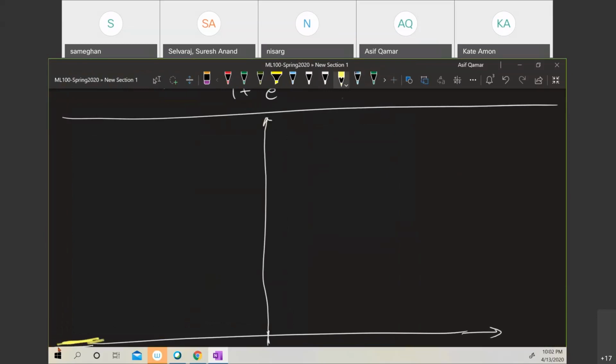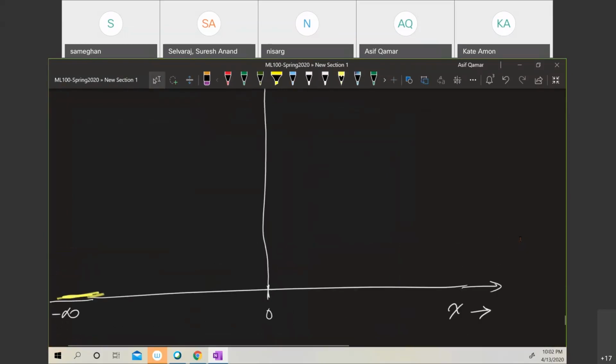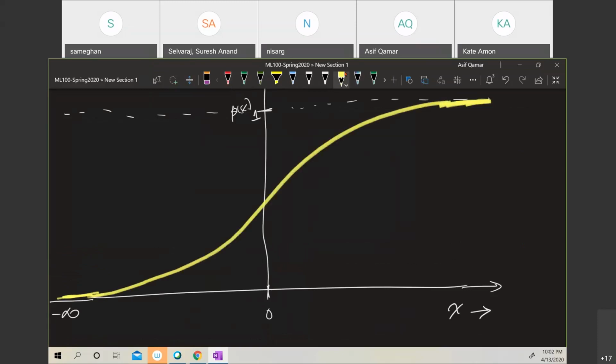When x is infinity, this is probability P of x, and the maximum value it can achieve is 1. So the minimum value it can achieve is 0, and the maximum value is 1. And in between, it will rise up slowly like this.